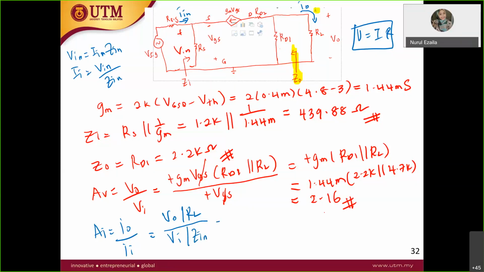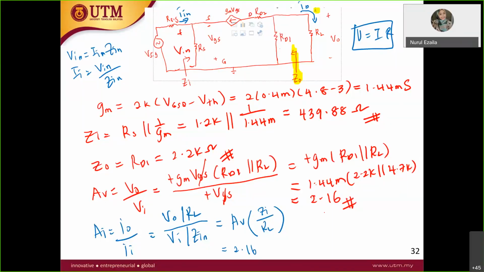If you rearrange the equation, you will get AV times Z in over RL. That will be your current gain. You have your AV here, 2.16, and Z in you already calculated as 39.88, over RL which is 4.7K.